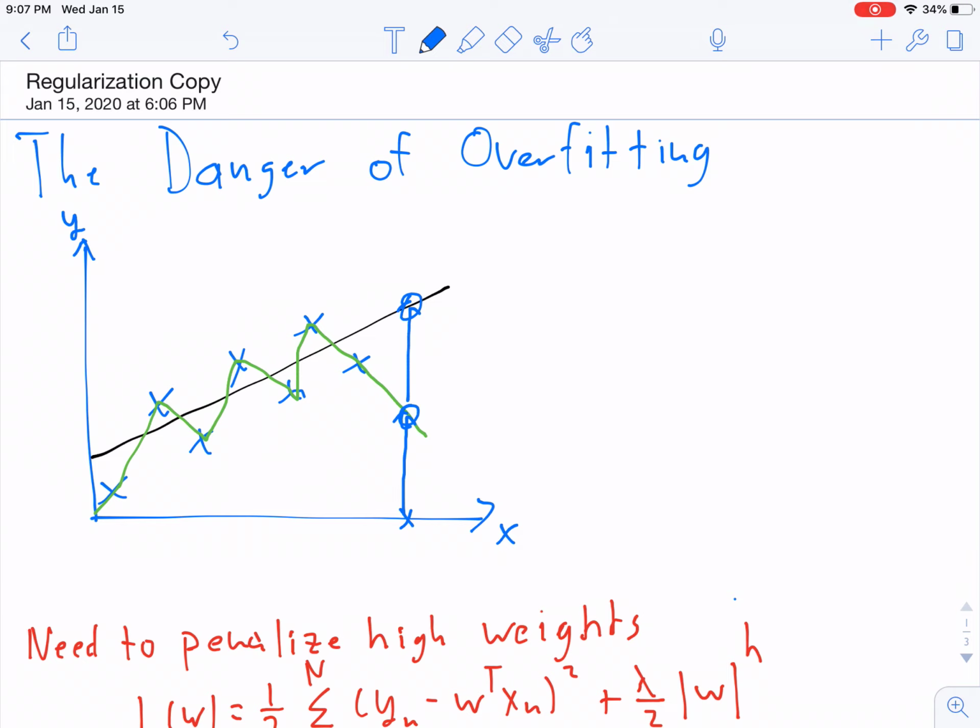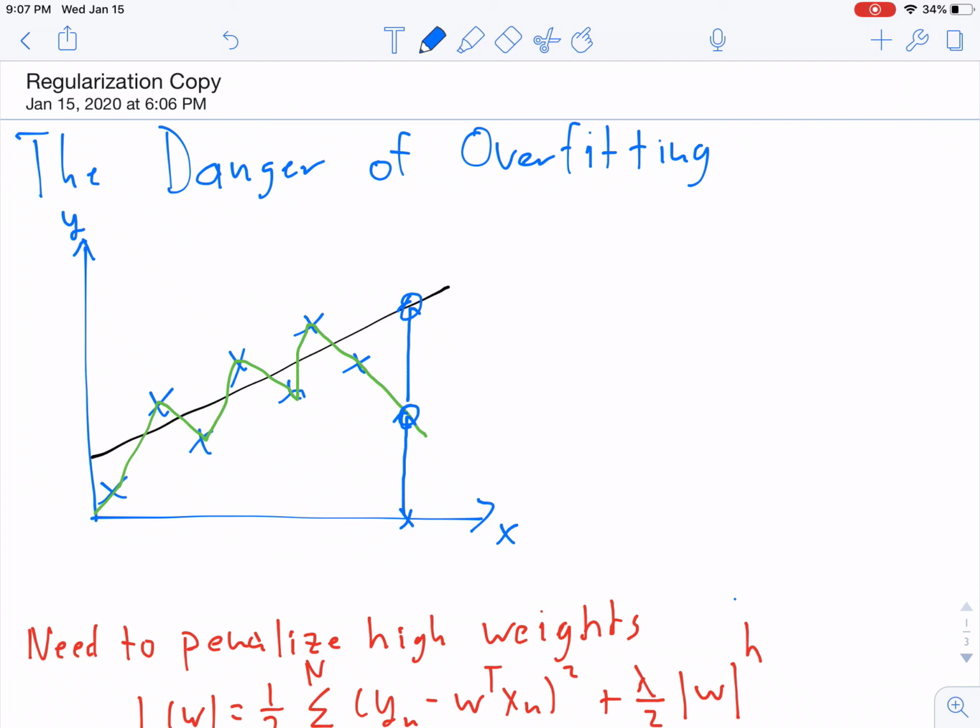We also call that high out of sample error. The reason we model these things is because we want to be able to predict things, but if our model overfits the data, it won't be able to predict things because it's not capturing any relationships. It's just memorizing the actual data. So it'll perform really well on our training data, but it won't perform very well outside of that.